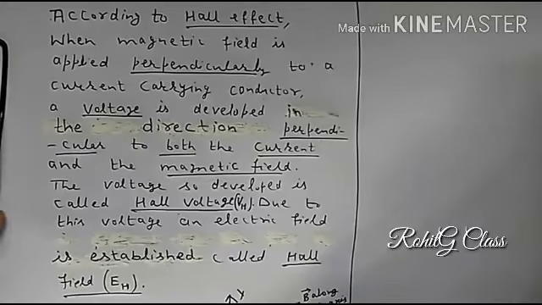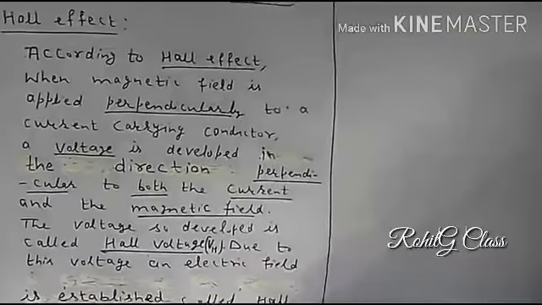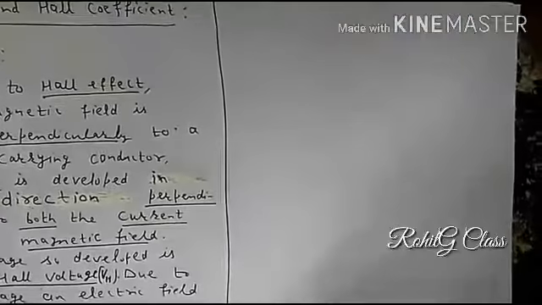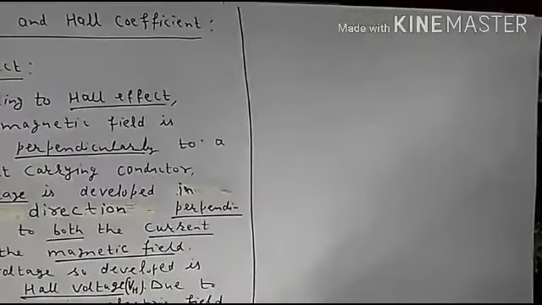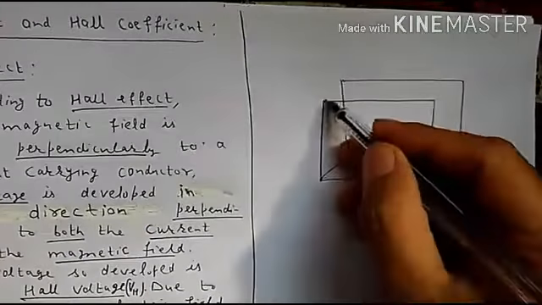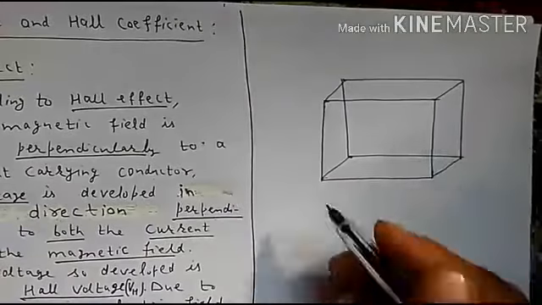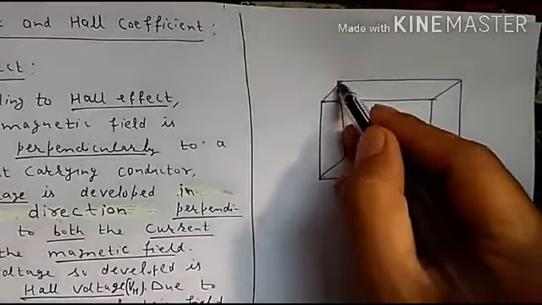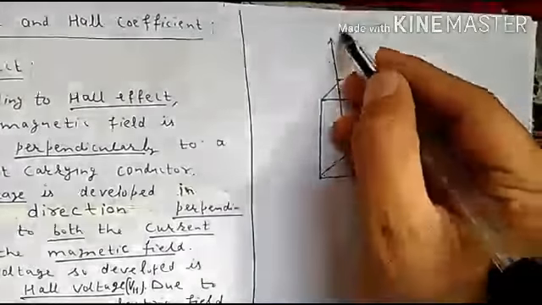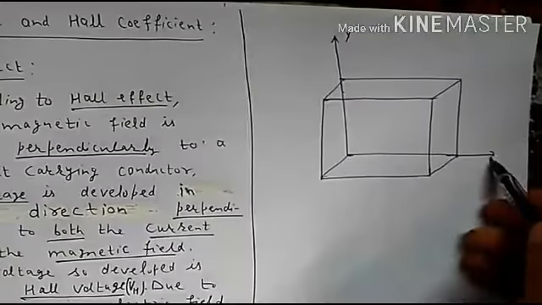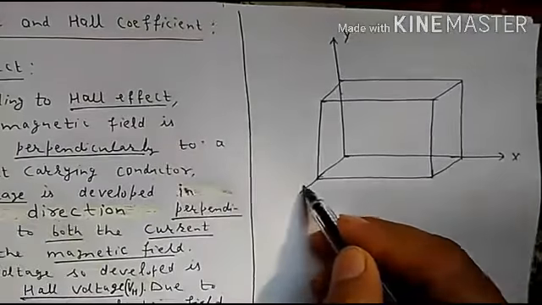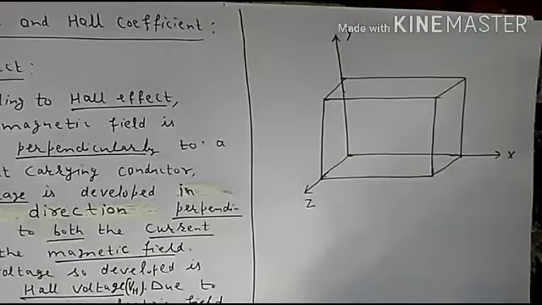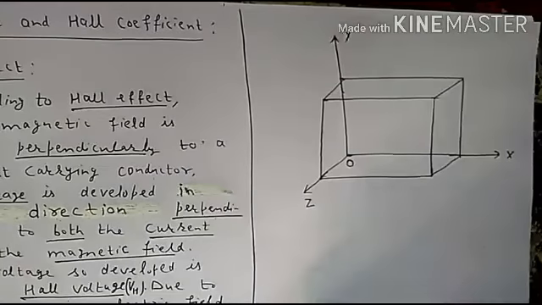To explain Hall effect, we consider a conductor in the form of a cuboid. This is along y-axis, this is along x-axis, and this is along z-axis, and this is the origin.